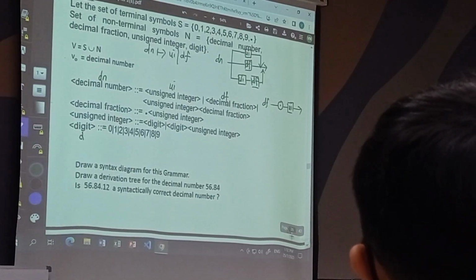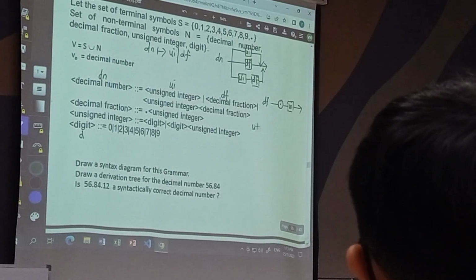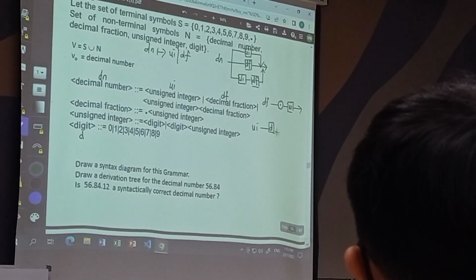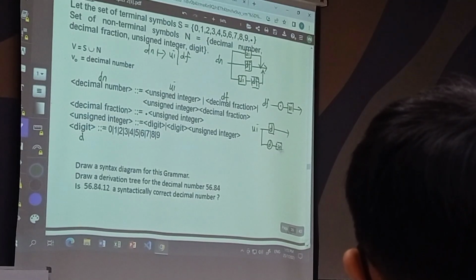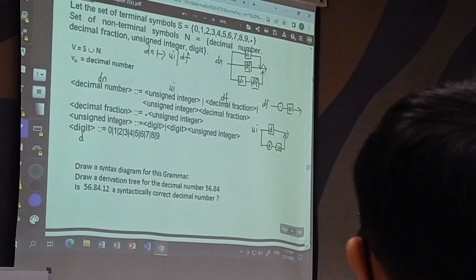Decimal point followed by unsigned integer, and after that you have the third one, unsigned integer, substitute with digit, non-terminal, or digit unsigned integer.